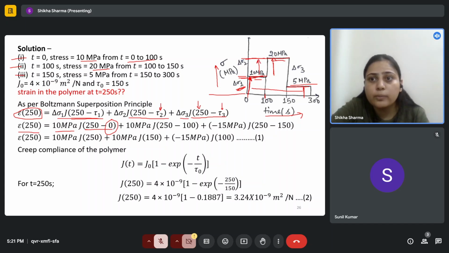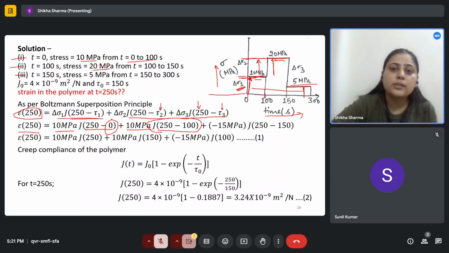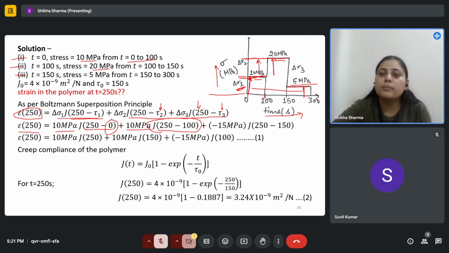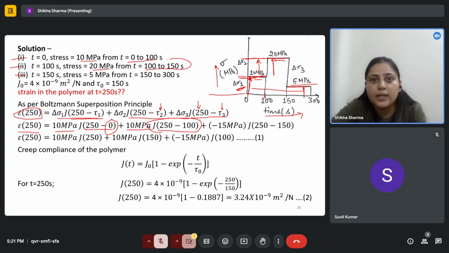So what will it be? 20 megapascal minus 10 megapascal is nothing but 10 megapascal, multiplied by creep compliance at 250 minus tau 2, which is 100. Why 100? Because this 20 megapascal stress is applied at the time from 100 to 150 seconds. So the base value is 100. From 100 seconds this stress is applied.